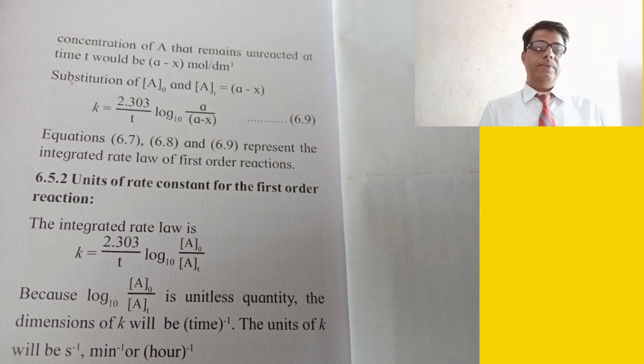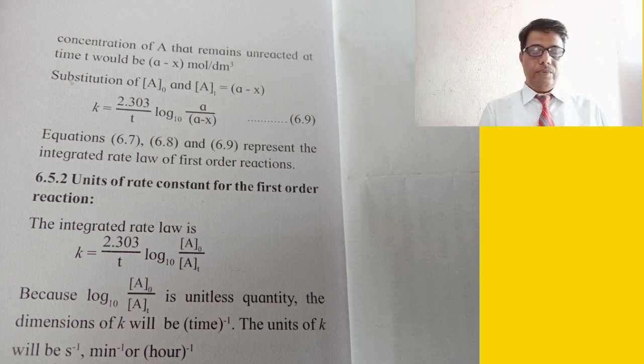So the equation is k is equal to 2.303 upon t log to the base 10 a upon a minus x. This is equation number 6.9. This is also an equation for the integrated rate law for the first order reaction in solution.